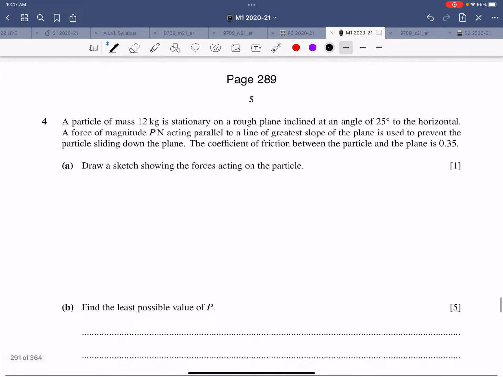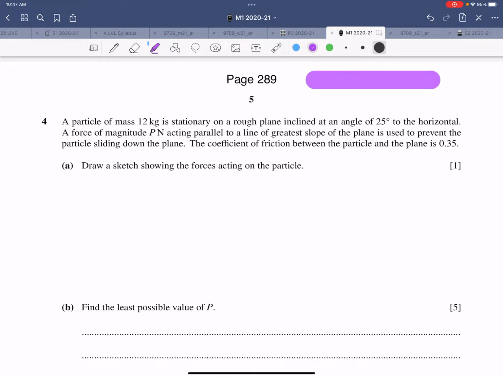Question number 4. What is this question all about? A particle of mass 12 kg is stationary on a rough plane. So it's an inclined plane and it is rough, so that means friction is there. 25 degrees to the horizontal, a horizontal force of magnitude P Newton acting parallel to the line of greatest slope.